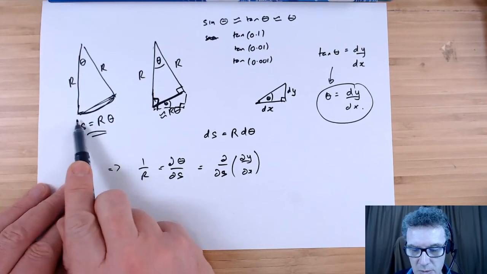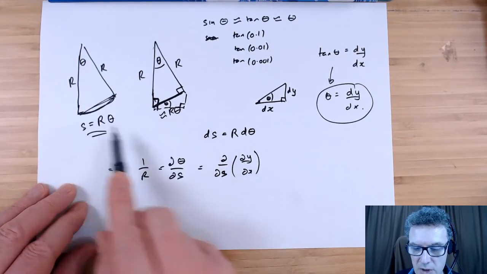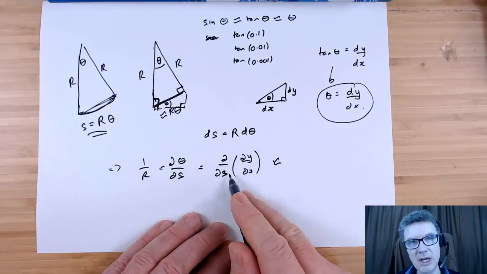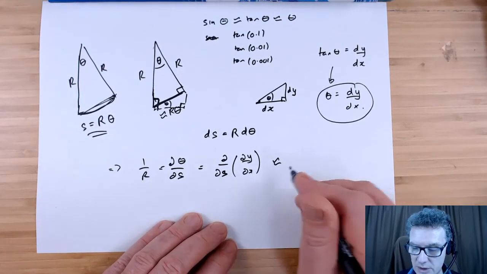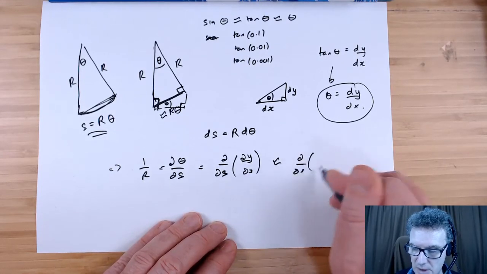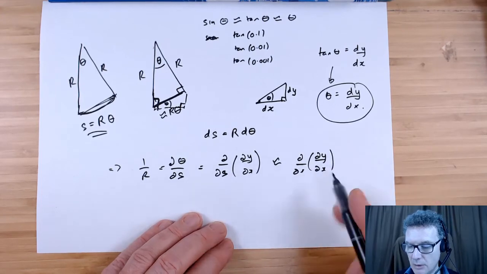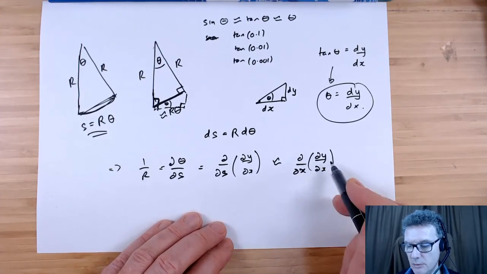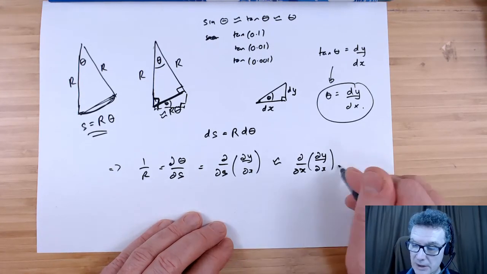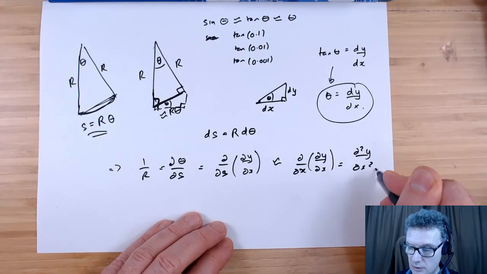Go back to my graph here: if it's only going to be a very small deflection, I can say that delta s is going to be the same as delta x. So we've got delta x over the differential of delta y by delta x, and that gives me what I'm looking for.